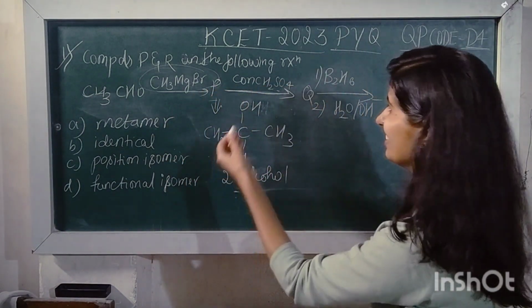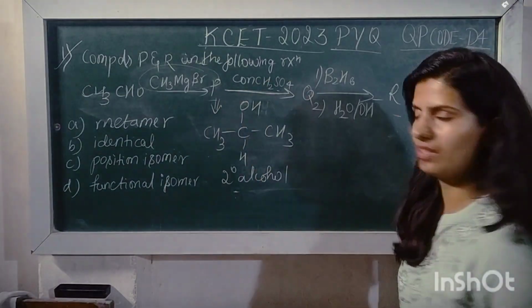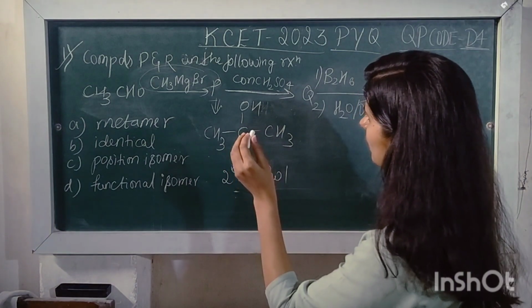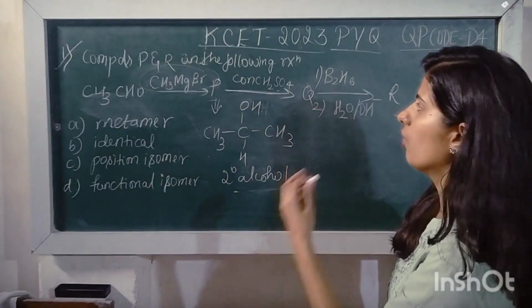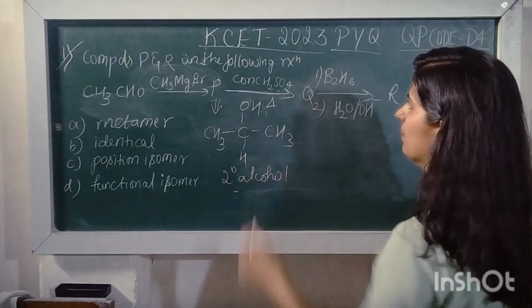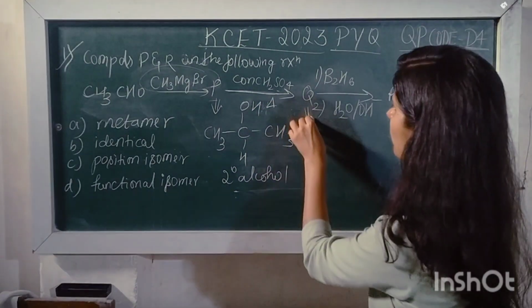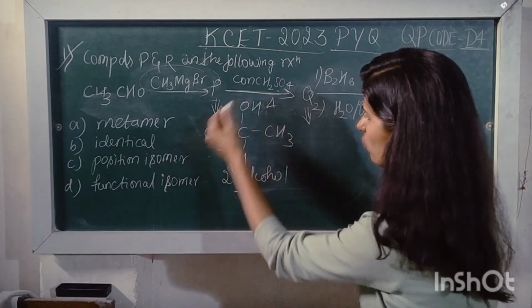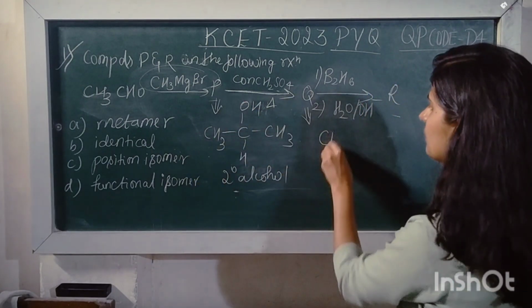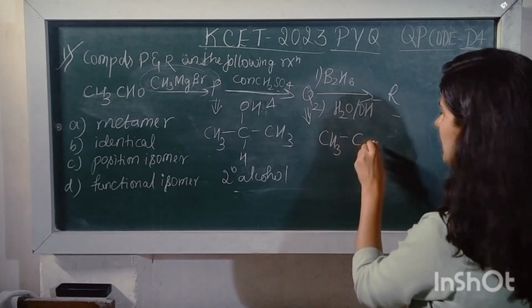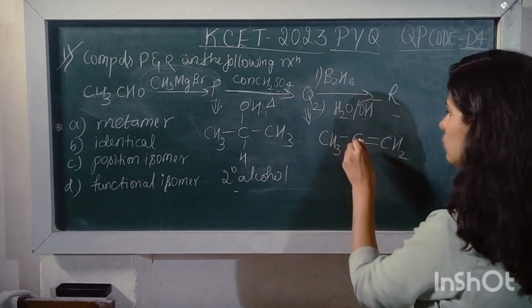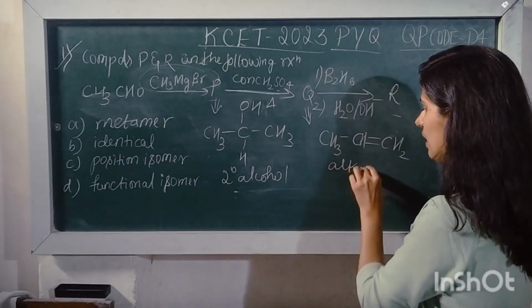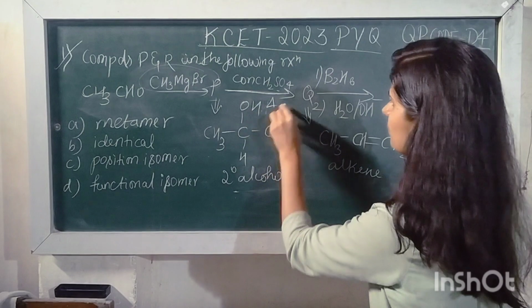When we react a secondary alcohol with concentrated H2SO4, dehydration occurs, removal of H2O happens. So Q is going to be an alkene. When H2O is removed from the alcohol, we get an alkene: CH3, CH, double bond, CH2.